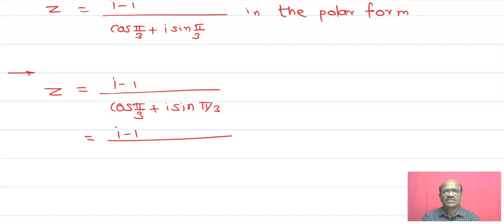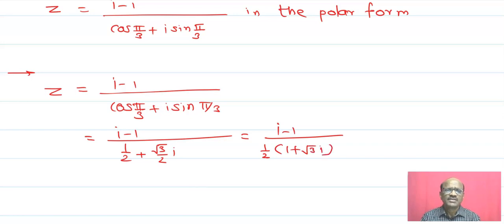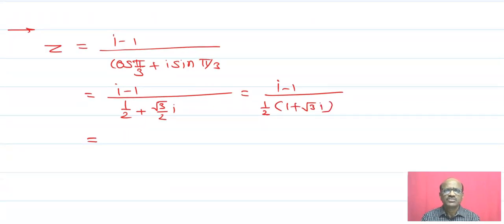Pi by 3 gives 1 upon 2 plus i root 3 upon 2. Add it. 1 minus i, that is take 1 upon 2 common, then you will get in bracket 1 plus root 3i. Therefore 2 in bracket i minus 1 upon 1 plus root 3i.